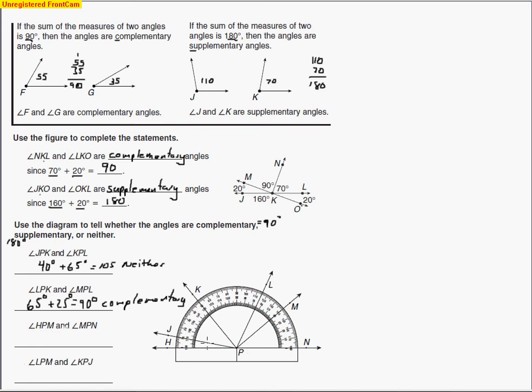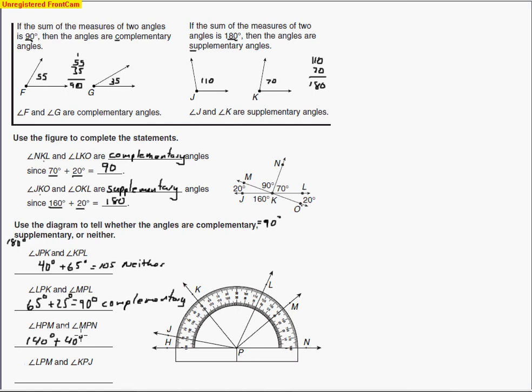Let's take a look at the next one. HPM. So HP to M, way over here. Since H starts right on the 0, we can just read off the number. I read off the one that is over 90 degrees because that's larger than 90, and it goes all the way to 140. That's the degree mark there. MPN is 140 to 80, so that would be 40 degrees.